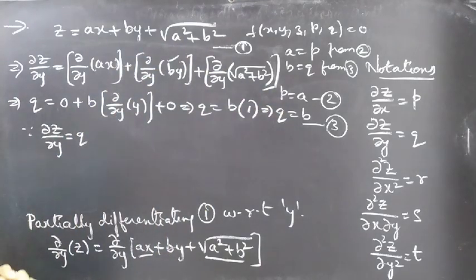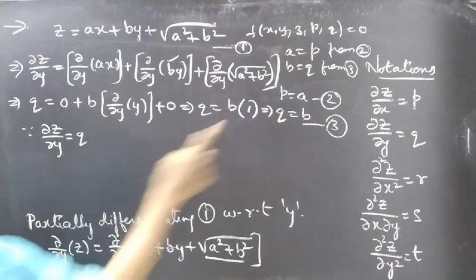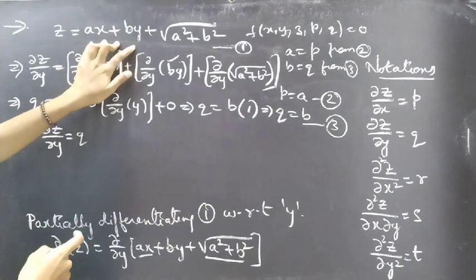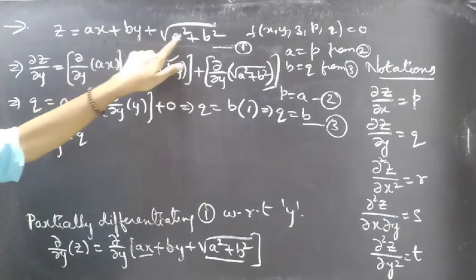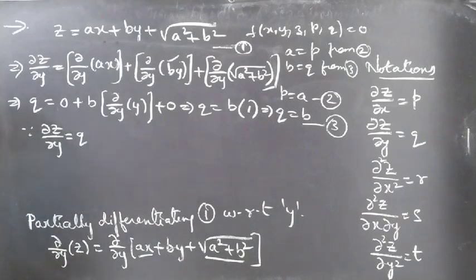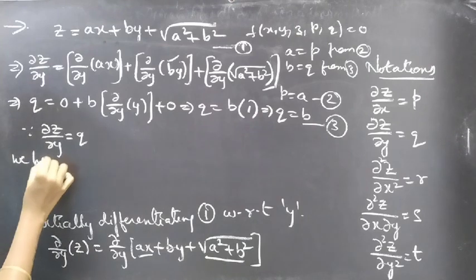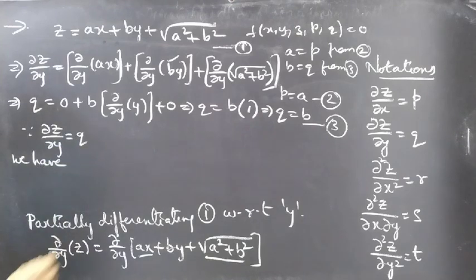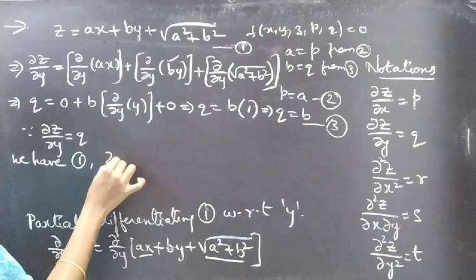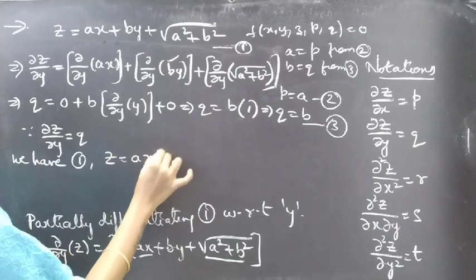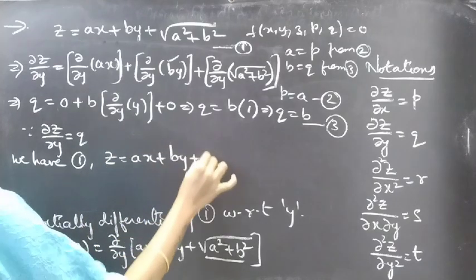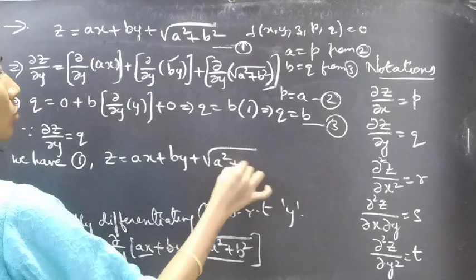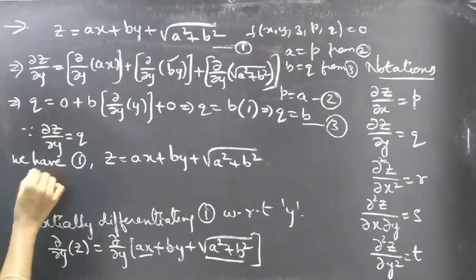We have noticed that by substituting 2 and 3 in 1, the arbitrary constants a and b get eliminated from 1. So let's substitute 2 and 3 in 1. We have equation 1: z equal to ax plus by plus the square root of a square plus b square.